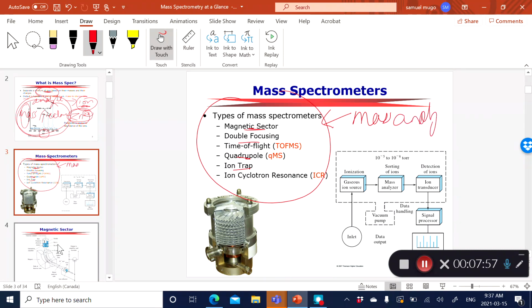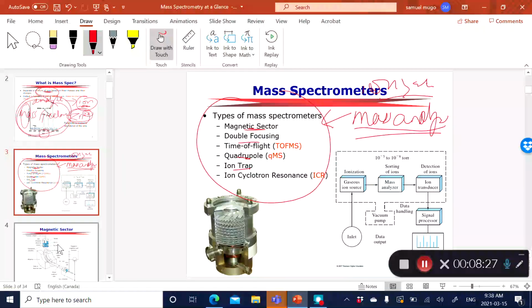So we often name mass spectrometers based on the mass analyzer, as I have listed, but also based on the type of ionization. So often, to be more complete, mass spectrometers are labeled based on their ionization technique and based on the mass analyzer that is built into the instrument.